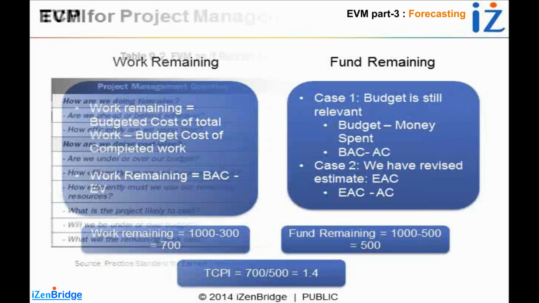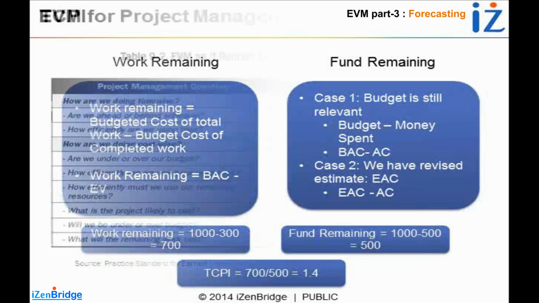The cost performance index talks about how efficiently we are using our resources. Cost variance talks about whether we are under or over budget. To Complete Performance Index talks about how efficiently we must use our remaining resources in the future, what efficiency we should exhibit.